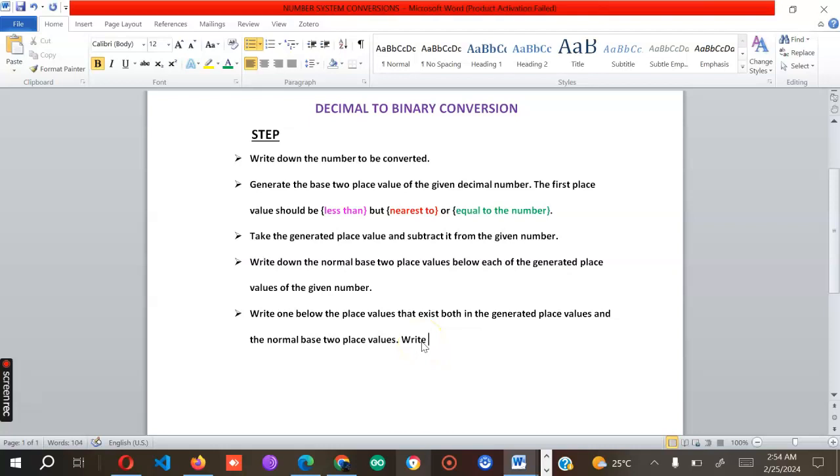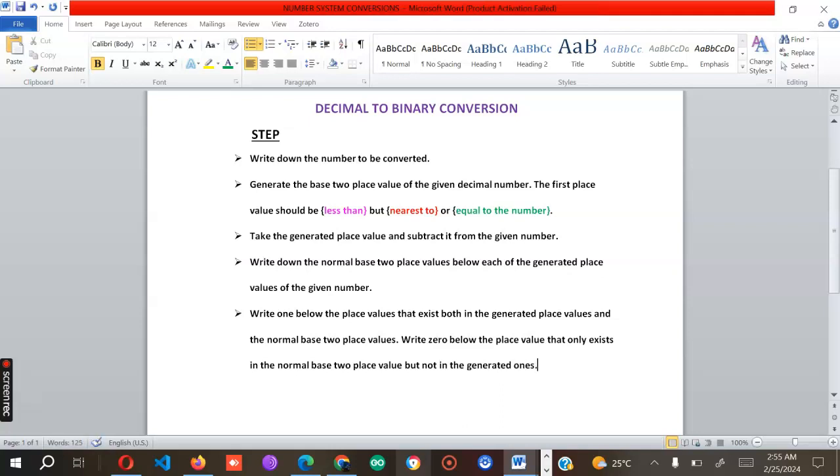Then write 0 below the place value that only exists in the normal base 2 place value, but not in the generated parts.